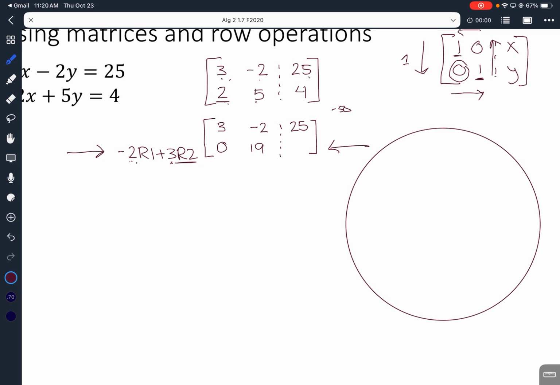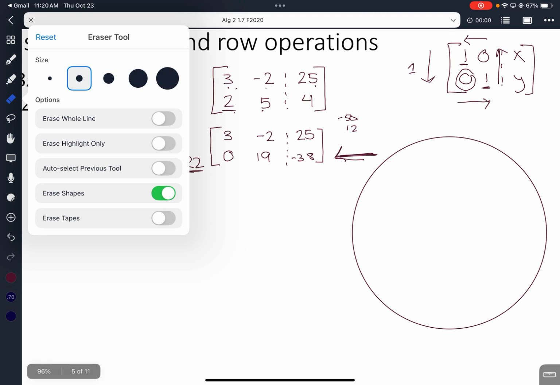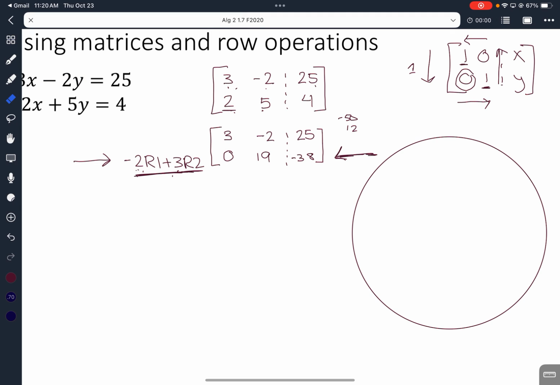Sometimes I'll do negative 50 when these numbers get bigger. That's my brain right there. Negative 50, 12, 8, 4, 38. Negative 38. That is what my brain goes through. This is what I did to get this new row. Does that make sense?